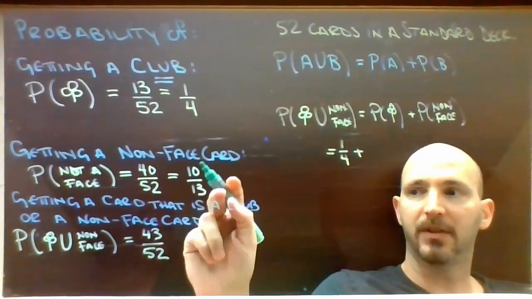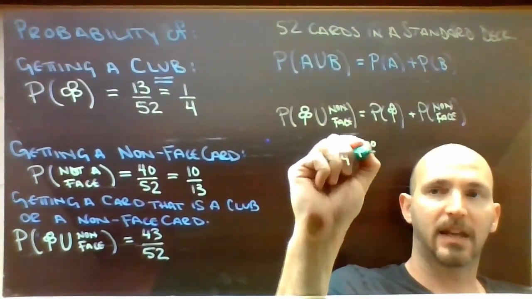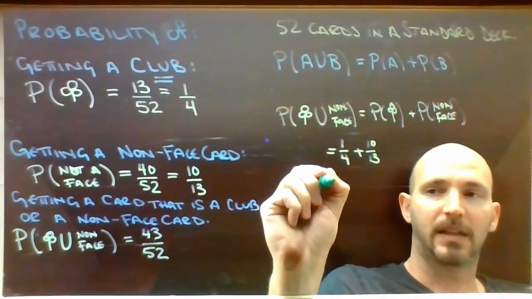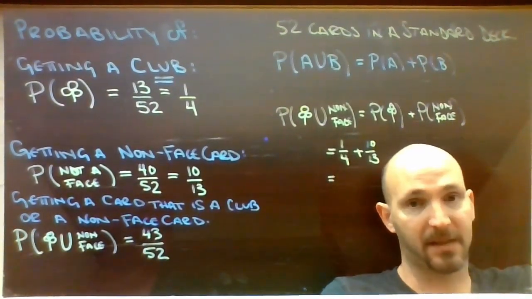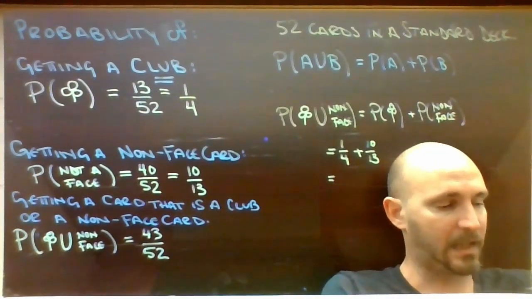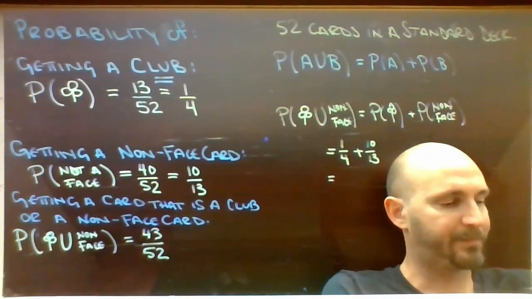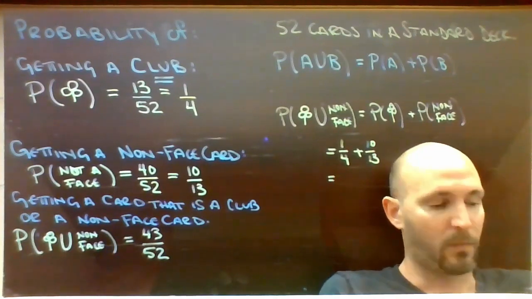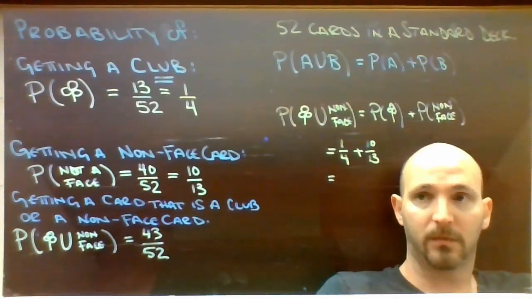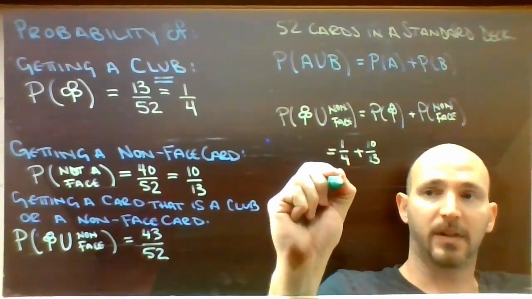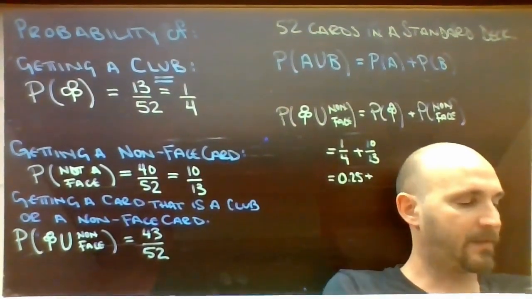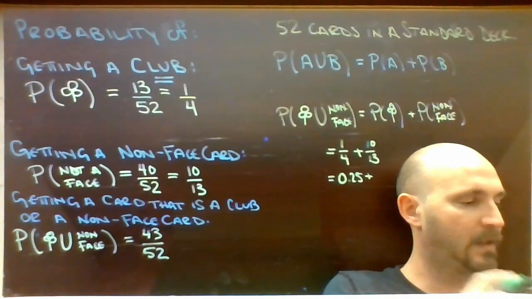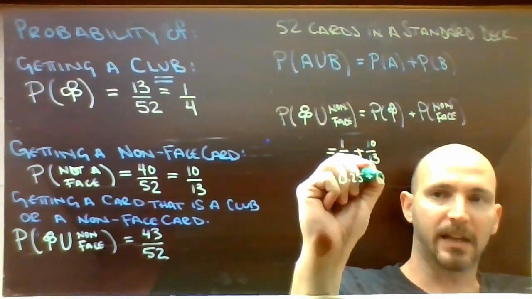And the probability of a non-face was 10 out of 13. Now, we could do this with fractions. I'm going to flip to decimals just so no one has a heart attack. So 1 out of 4 is 0.25. And 10 out of 13 is 0.769.